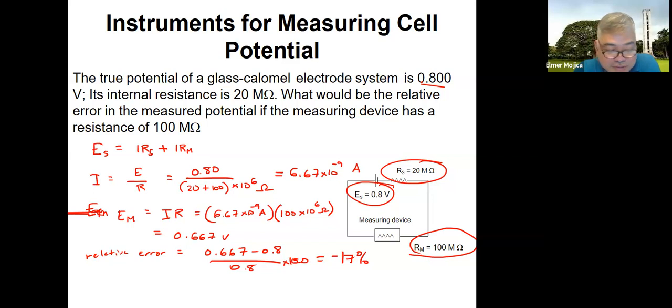So how do we solve this? What do we do? We can increase the resistance, maybe 1,000 times greater, so that this can be brought down to a lower percentage error. So that's the problem that we have.